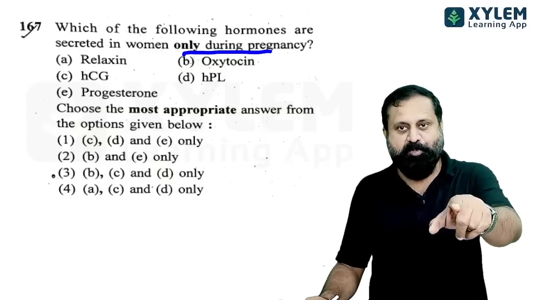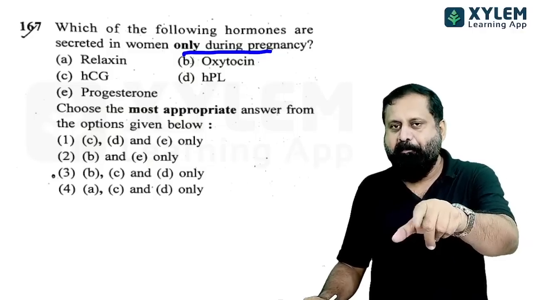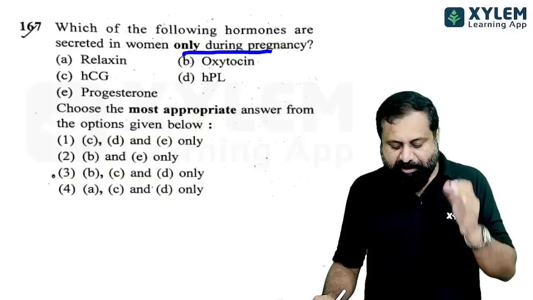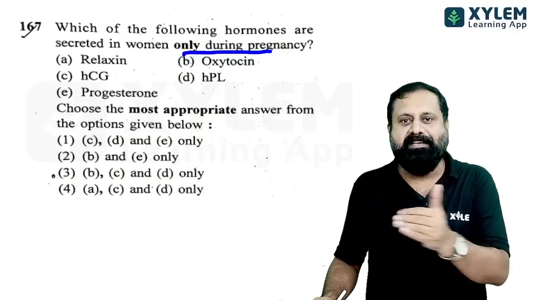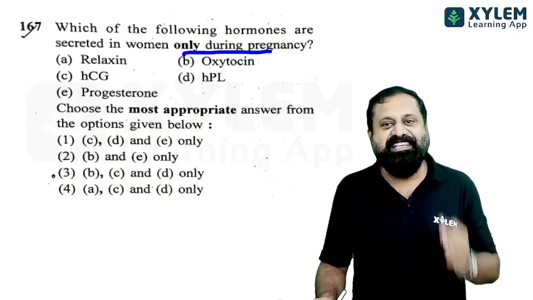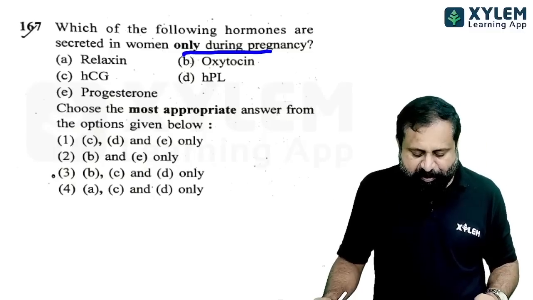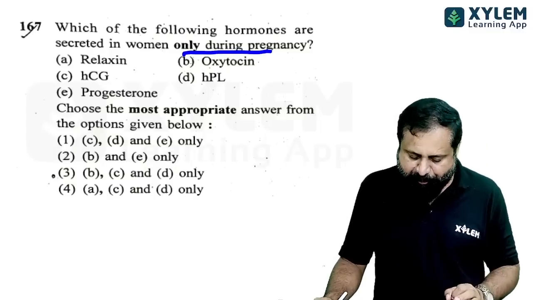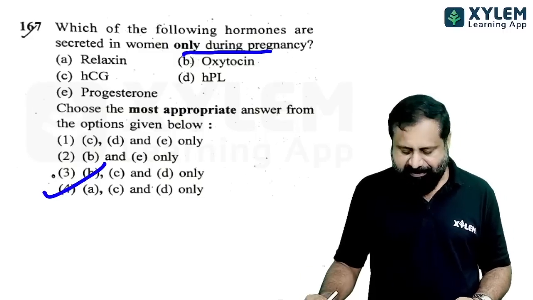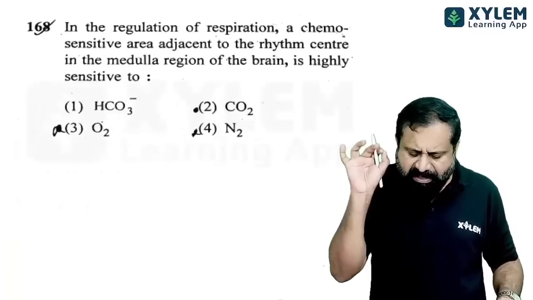It is also produced in large quantity at the time of parturition, but it is always seen in our body. Progesterone is also found at all times, but relaxin, HCG, HPL, these 3 are found only during pregnancy period. So which one is the right answer? Fourth option, A, C and D. Option 4 is the right answer.